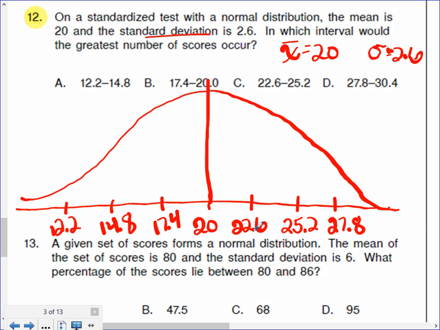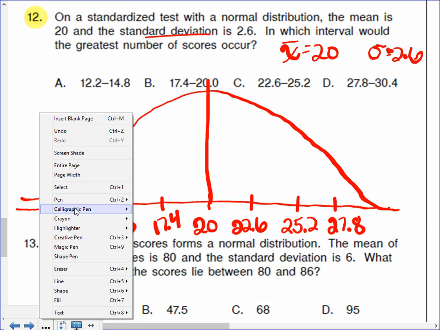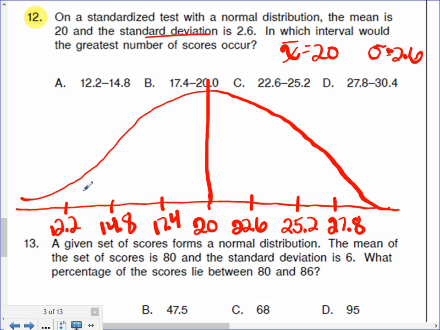In which interval would the greatest number of scores occur? In other words, common sense here, people. The tallest part is where the most are, right? So let's label each section. A is right here, 17.4 to 20.